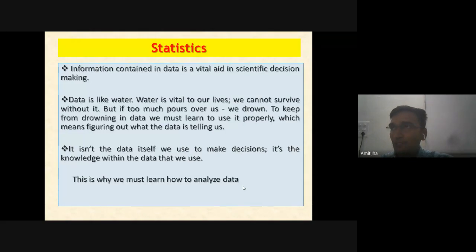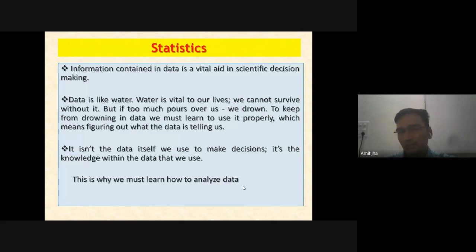Simply put, water is essential for us, but too much will definitely be harmful, so we must know how to use it judiciously. In the same way, we must learn to use data properly and figure out what the data is telling us.